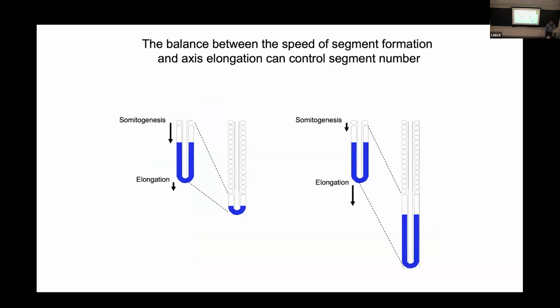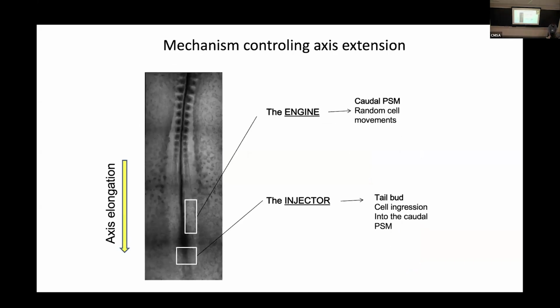And so the simple interpretation is that elongation slows down, while somitogenesis is maintained at the same speed, and that leads to a shrinking of the territory of the precursors. And so now you can intuitively understand how this leads to the control of segment number, by controlling these two systems.